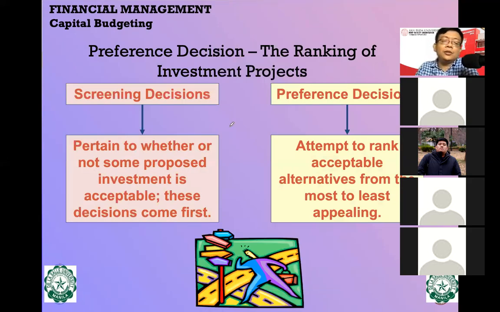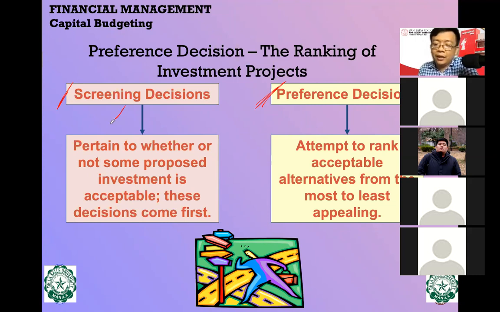Alright. So, again, as discussed a while ago, preference decision, ranking of this investment, of course, screening decision siya, and also preference. When you say screening, it pertains to whether or not some proposed investment is acceptable. These decisions come first. You will screen. Kaya nga sabi ko last time, kailangan i-check ng ating mga supplier, ng ating mga directors, ano ba yung worthy of funding?